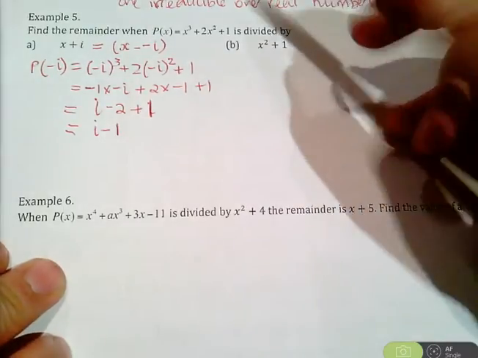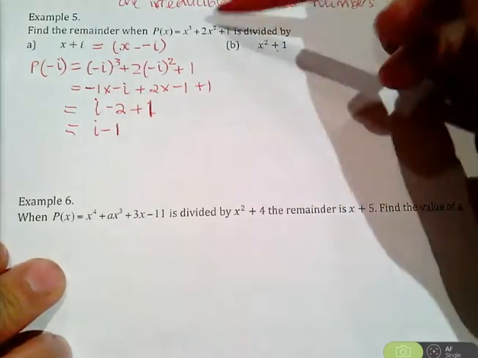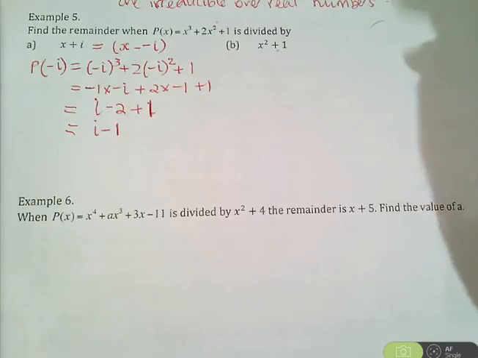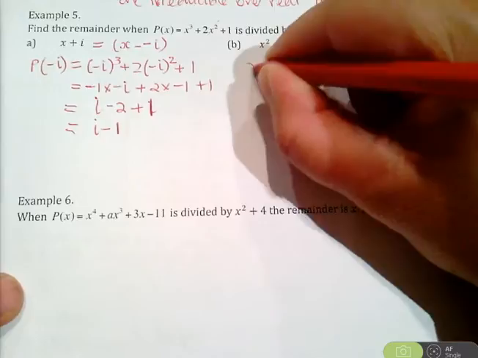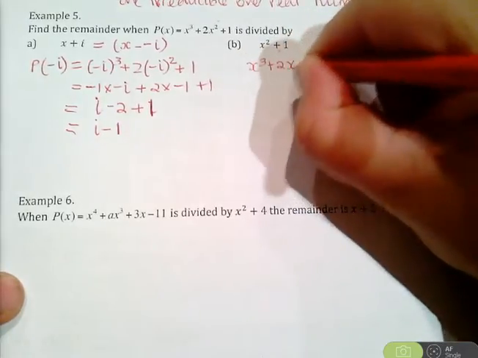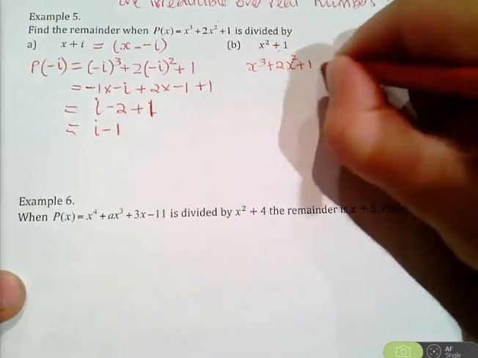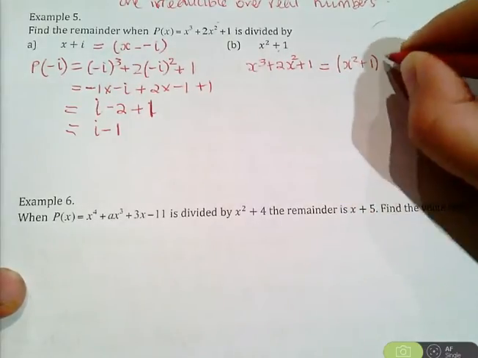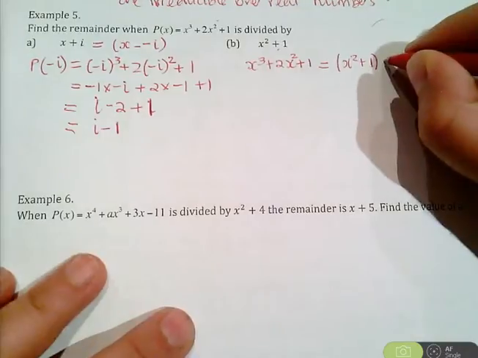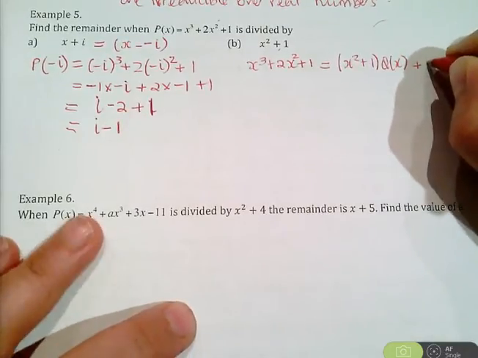Now, if we divide this polynomial by x squared plus 1, then we know that our polynomial in x, which is x cubed plus 2x squared plus 1, would have to equal x squared plus 1 times some polynomial q of x, plus r of x.